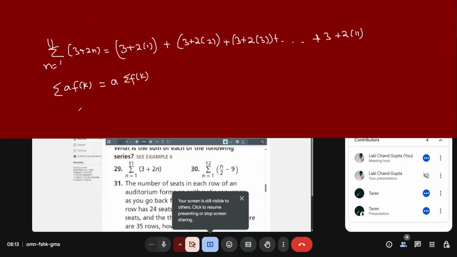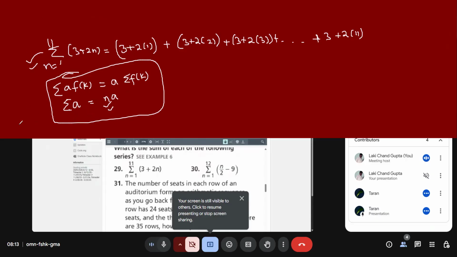If only a constant is there, then what will you get? n into a. This is very important. What is n? n is the last term. Understood?